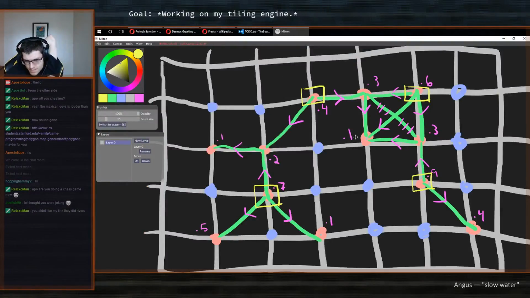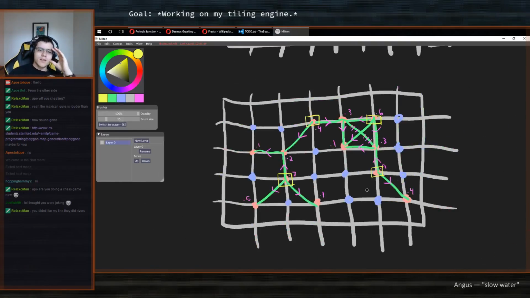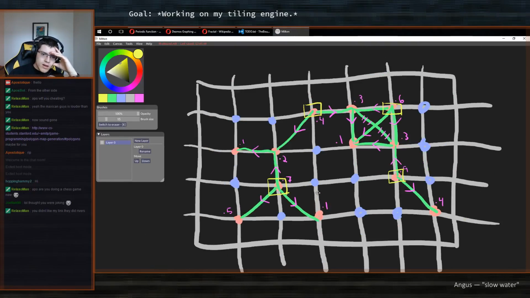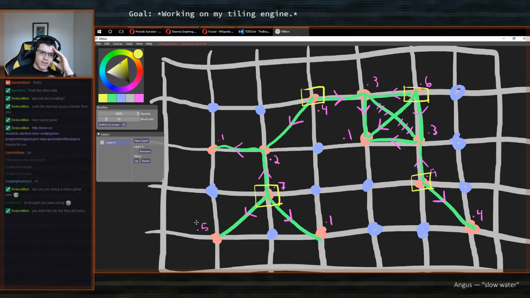Okay, so this is actually going to be used for everything in my world. It's going to be used to draw rivers. It's also going to be used to draw trees. Maybe it's going to be used to draw moss on the trees.